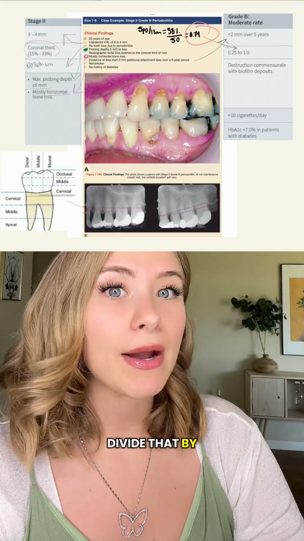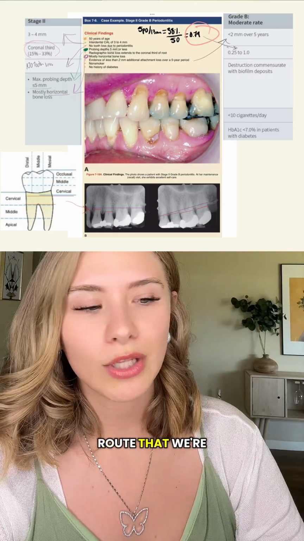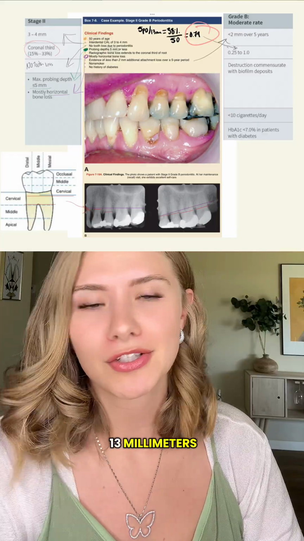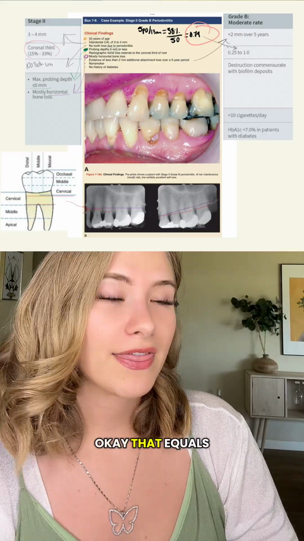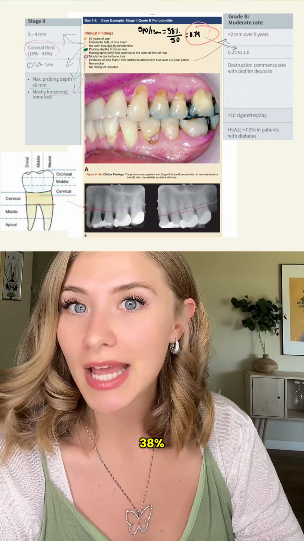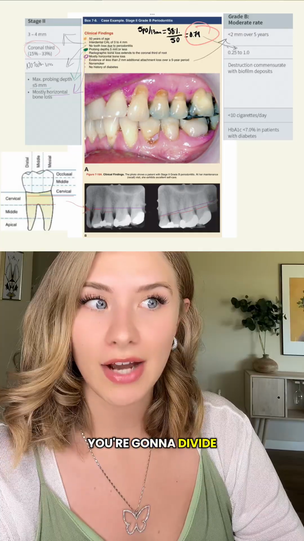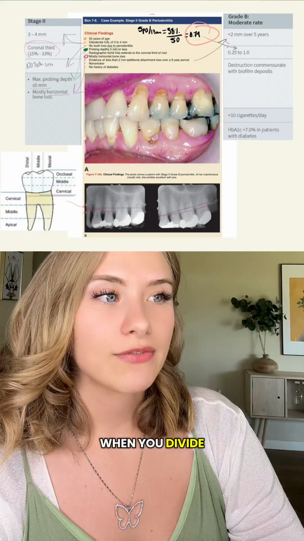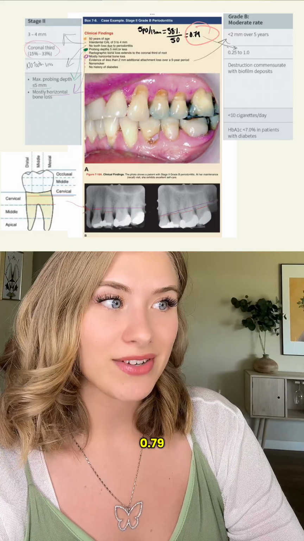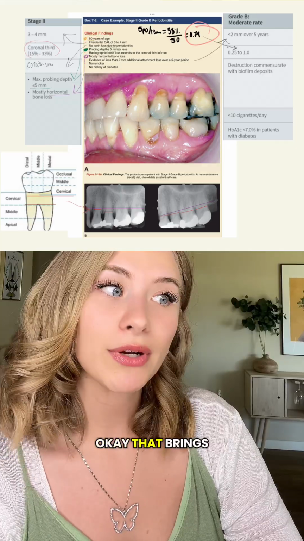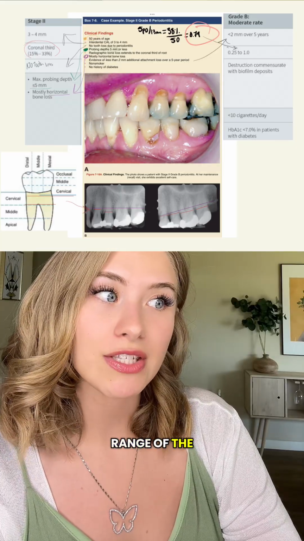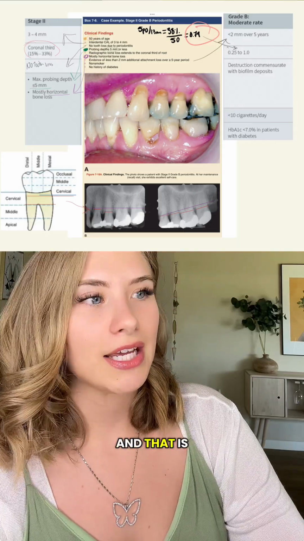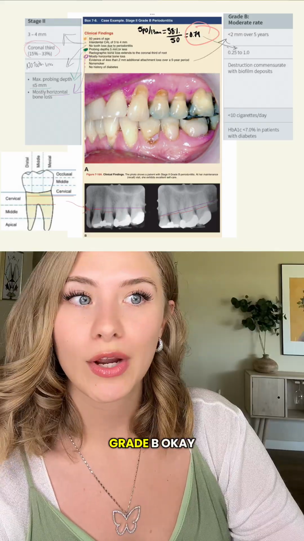Then you divide that by 13, which is the length of a root that we're just going to estimate. The root's 13 millimeters. That equals 38%. You divide that by their age. They're 50 years old, right? When you divide that, you get 0.79. That brings them to the range of 0.25 to 1.0, and that is why they are a stage 2, grade B.